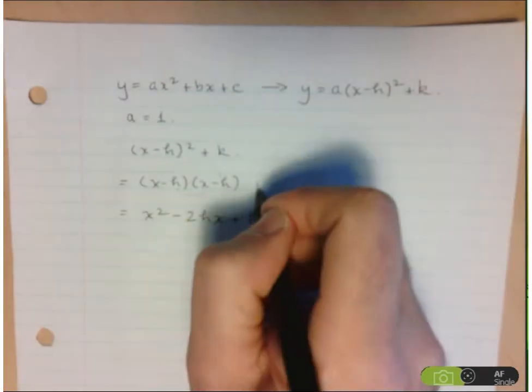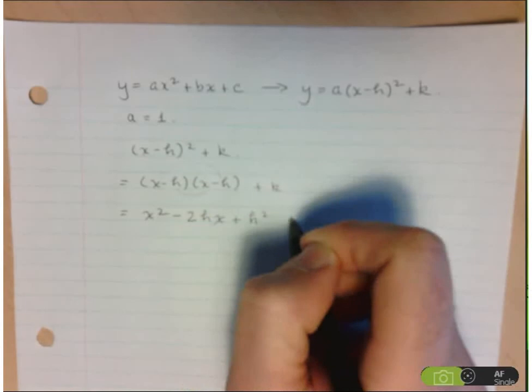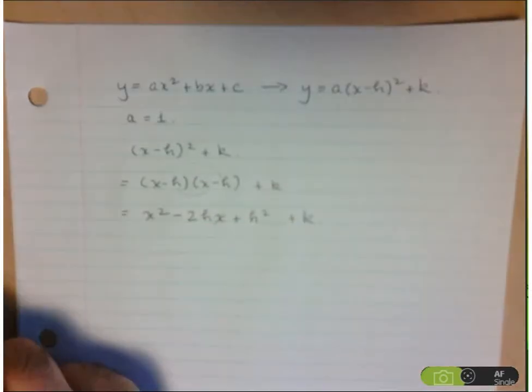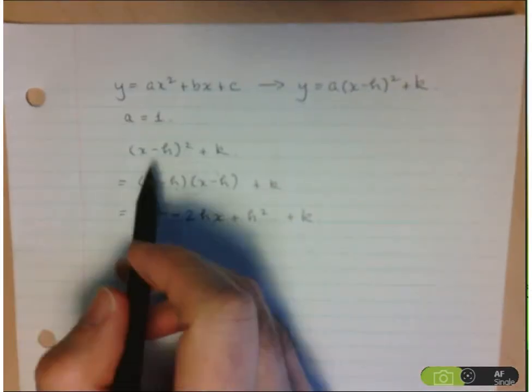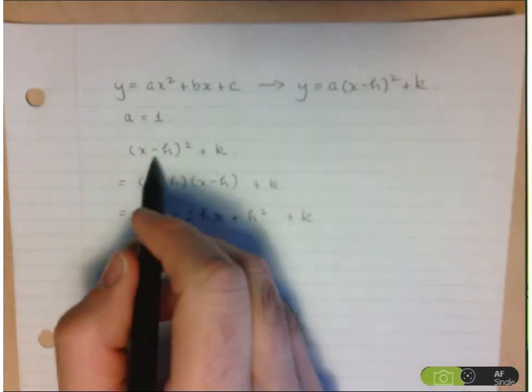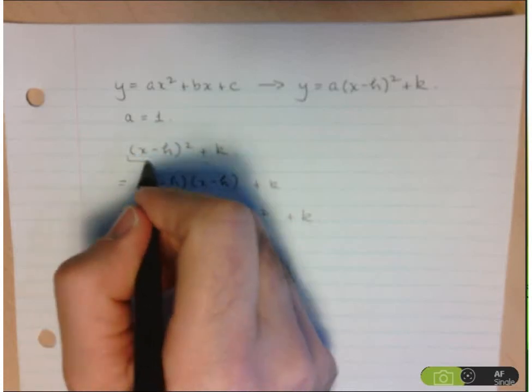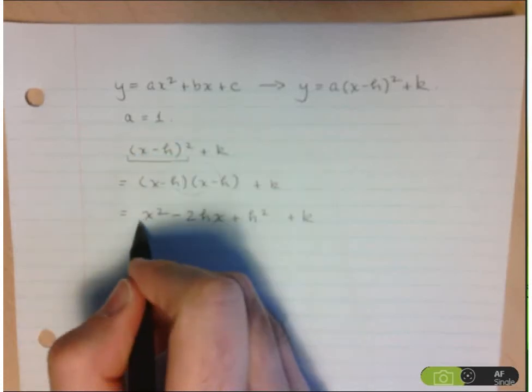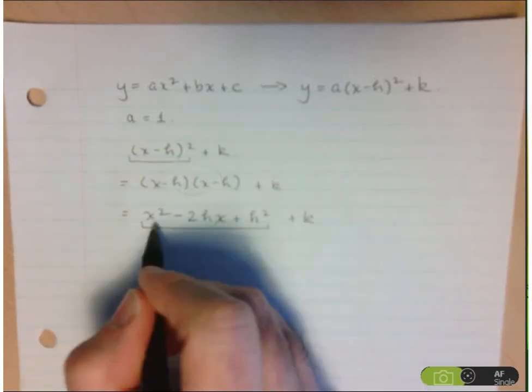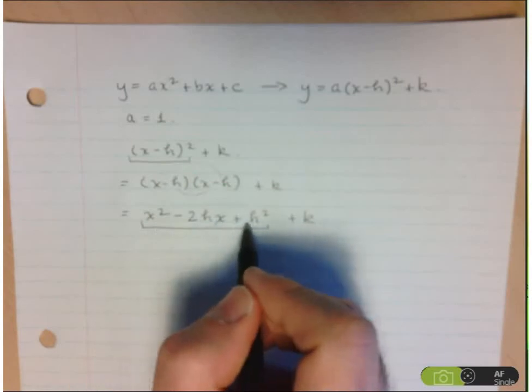And don't forget that we still have the plus k here. Okay, but what I want to focus in on is that perfect square. When we expanded x minus h all squared, we got this trinomial, x squared minus 2hx plus h squared.